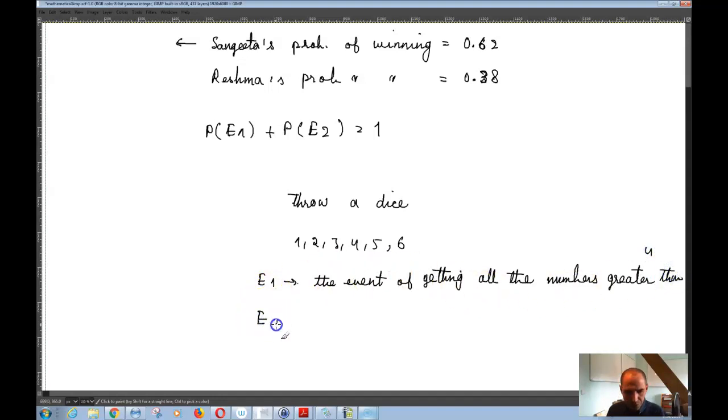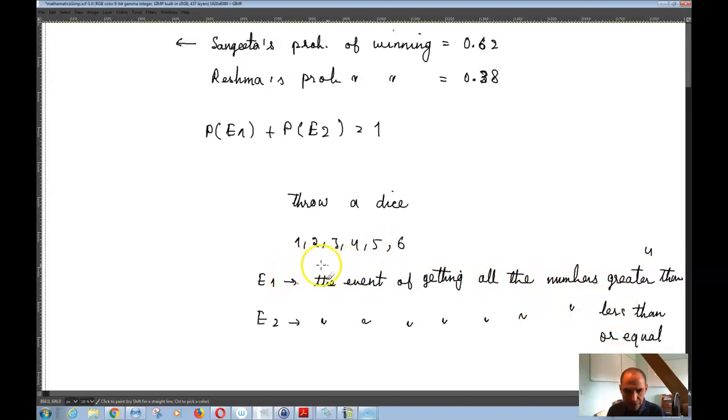Let E2 be the event of getting all the numbers less than or equal to 4.